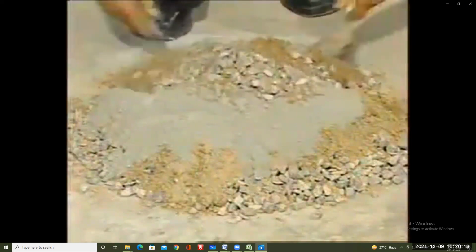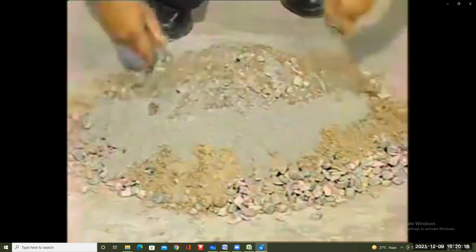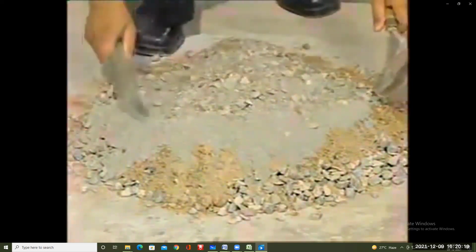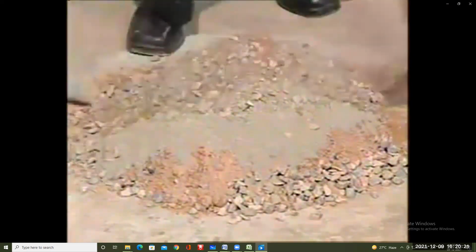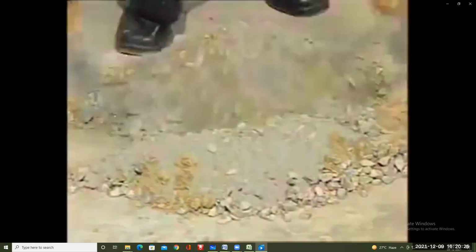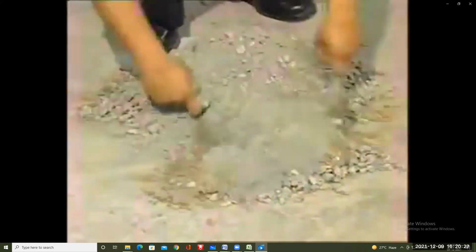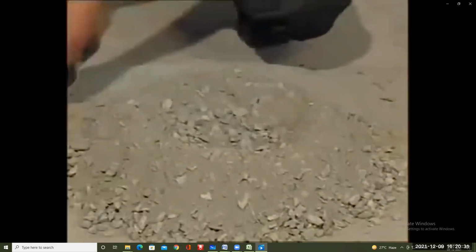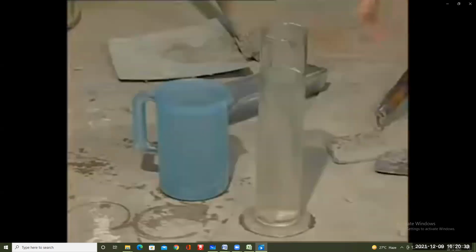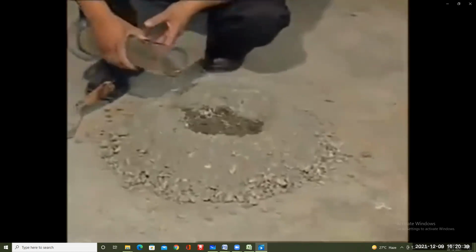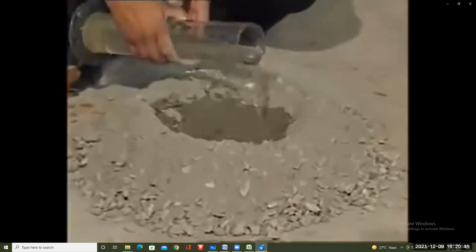The dry ingredients are then thoroughly mixed so as to obtain a uniform mixture. The proportion of different ingredients taken should be sufficient enough to cast 3 molds. Take the designed quantity of water. Add this water to the mixture.